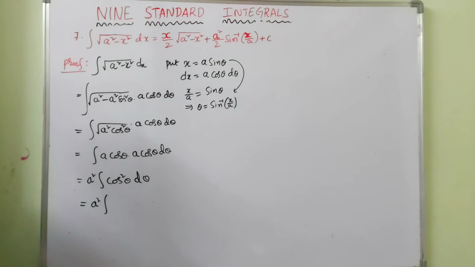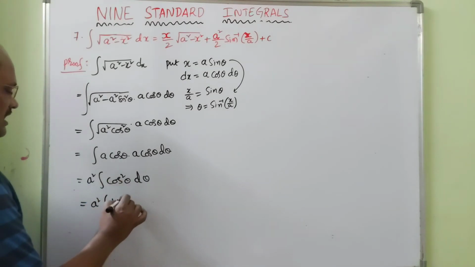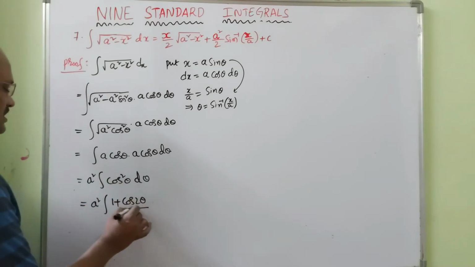Now the question is how to integrate cos square theta. We don't have direct formula for cos square theta to integrate. So use trigonometry formula. cos square theta can be written as 1 plus cos 2 theta by 2.